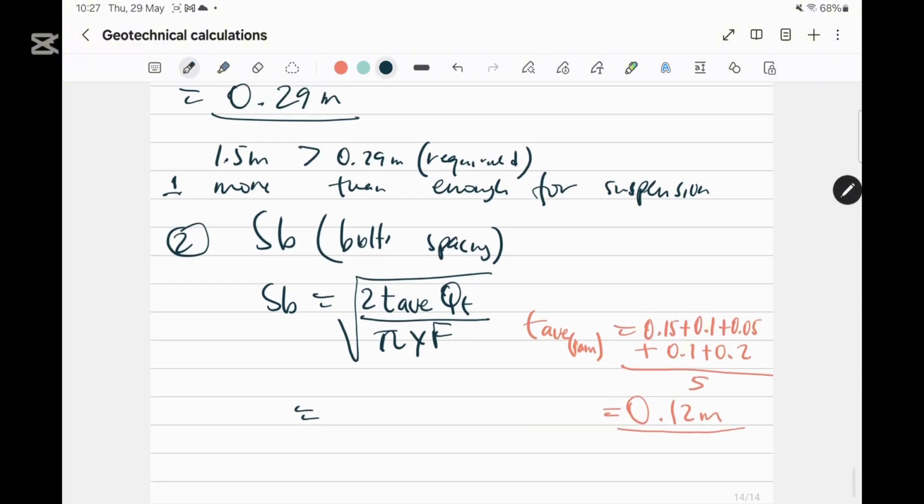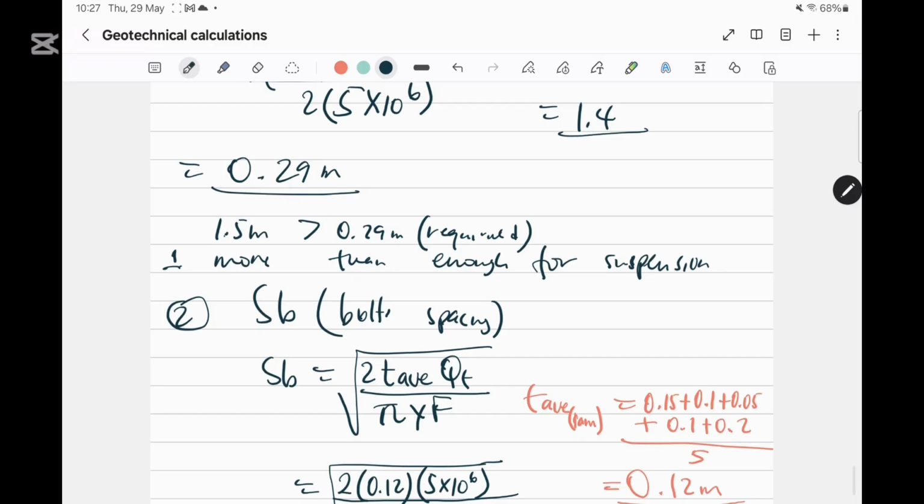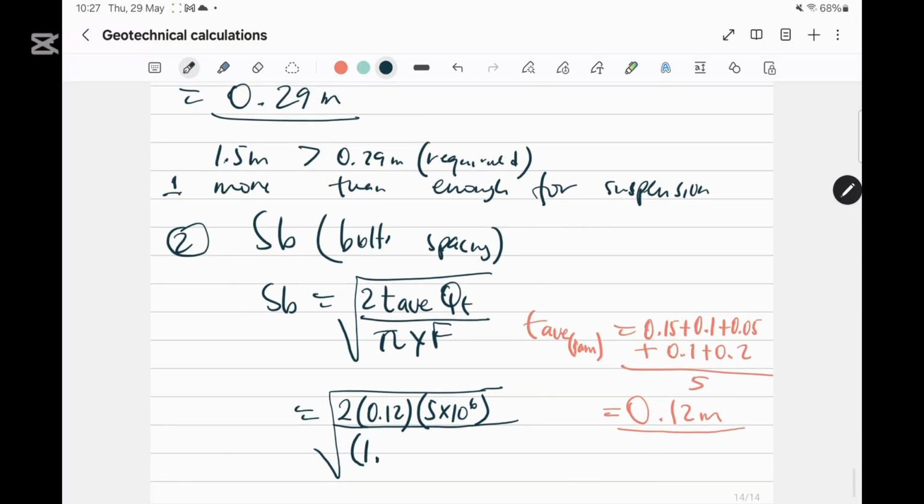Okay, so this is what you have. You have your 2 times 0.12, your 5 times 10 to the power of 6, which we're given as our tensile strength. Then our N, we found it as 1.4. Then this, I said, it's just your density in kilograms per meter cubed times 9.81. So it's 2.5 times 9.81 times your factor of safety of 2.